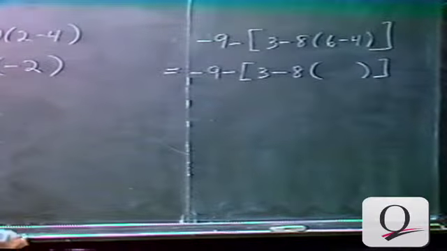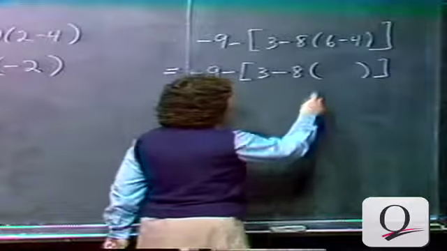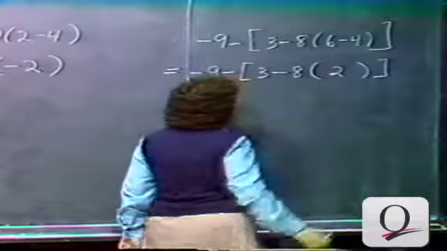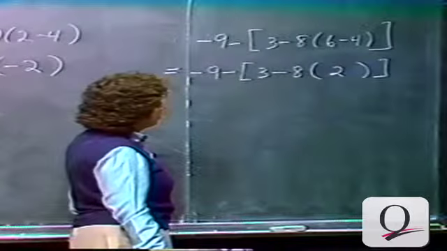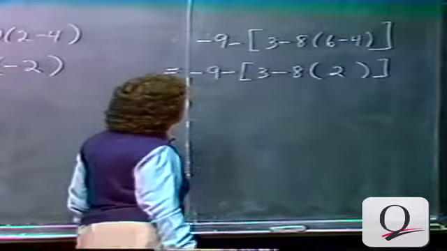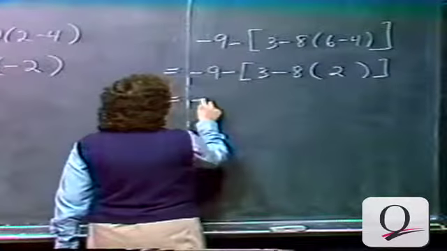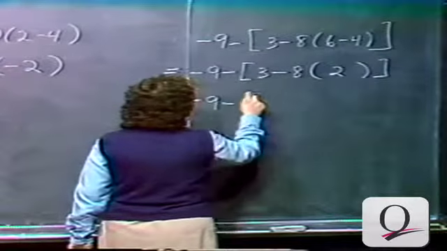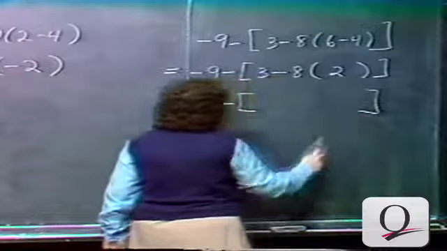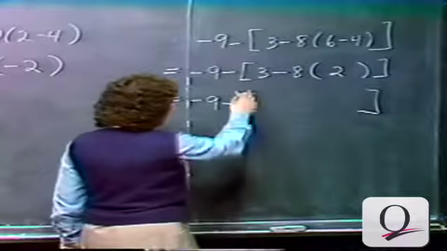Well, 6 take away 4, of course, is 2. Plus 6 take away a plus 4. Now, still within the larger grouping symbol, we have to handle what we have here.